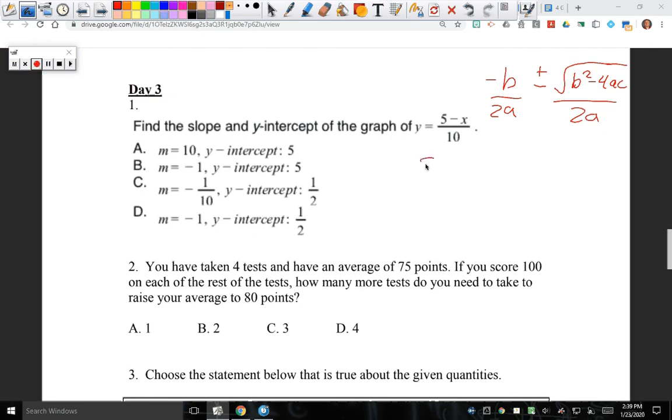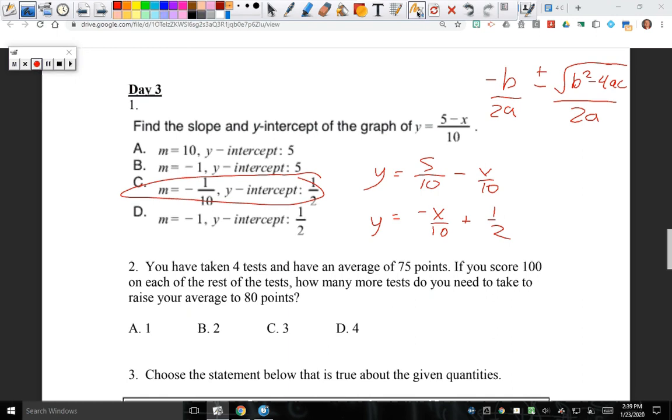Because immediately, you could see that you could split this up. And putting it in y equals mx plus b, and reducing this 5 to 1/2, C would have been the answer on that. It should have been fairly easy. I would say probably a level 2 out of 10.